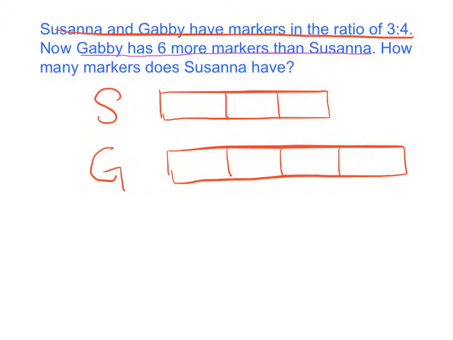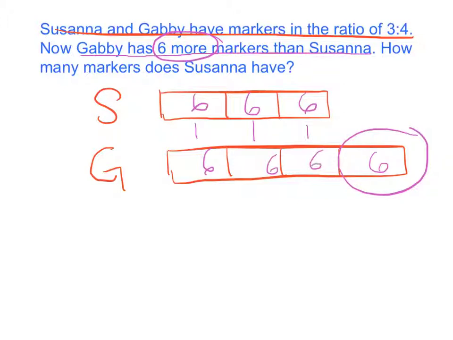So this is when I want to think about what shows me what more Gabby has. Well, I can see that these match up, these match up, these match up. This extra box is the extra markers that Gabby has. So these 6 markers here show the extra box and the extra markers. And if that box is 6, all of the other boxes are 6.